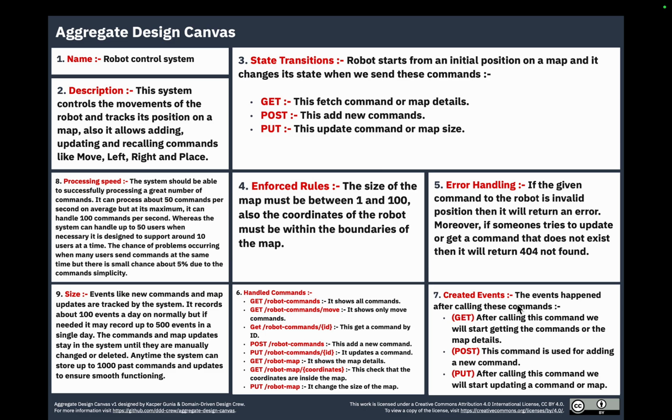Events are triggered when commands are called, such as fetching commands or updating the map. Similarly, here are the processing speed and the size. So this is the aggregate design canvas I have made for this task.